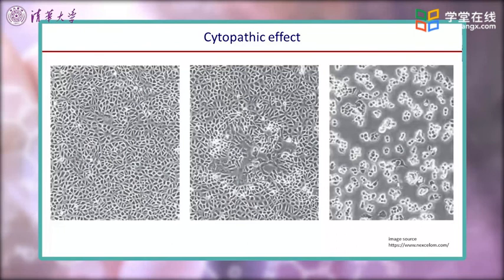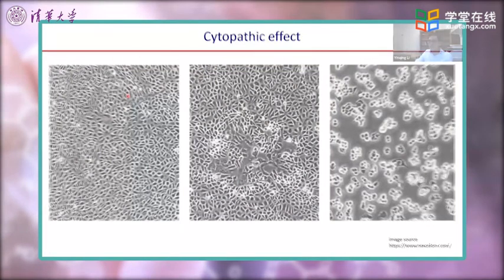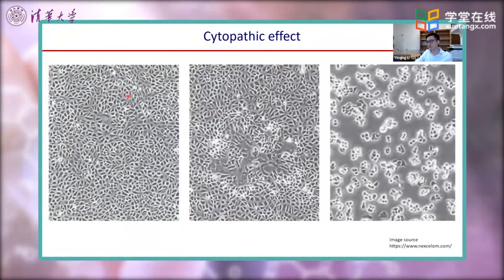So here are some examples. In normal cell culture, the cells look flat and healthy and grow very happily. When the cells get infected, they start to get a little bit unhealthy and start dying. And as it progresses, they show gradually more severe signs of stress and dying.